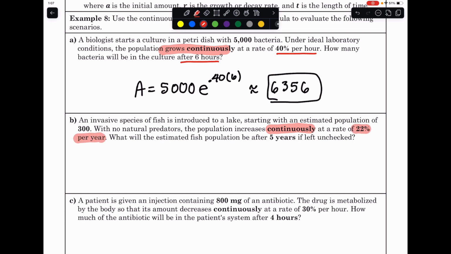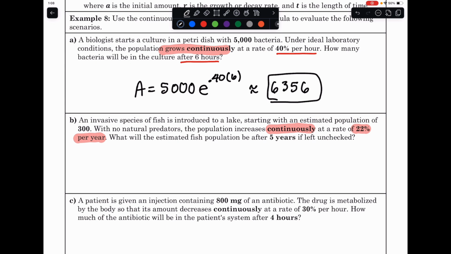The fish population is always increasing, but it's going up at a rate of 22 percent. So out of every 100, we're going to have 22 new fish every single year. But again, it's still growing continuously.